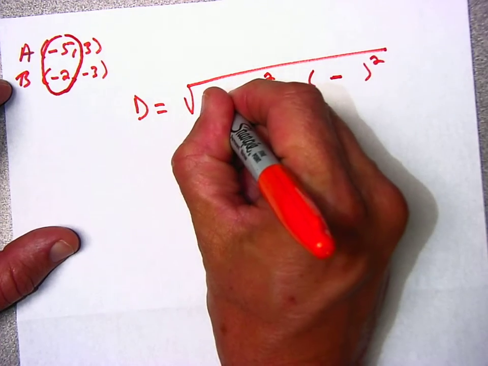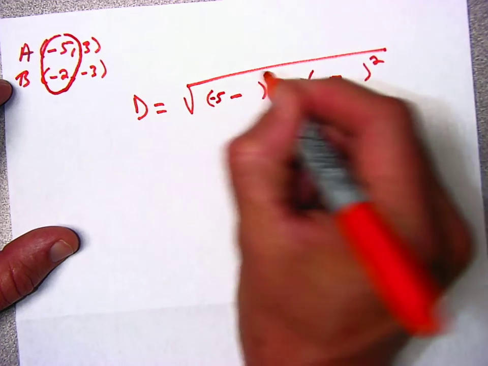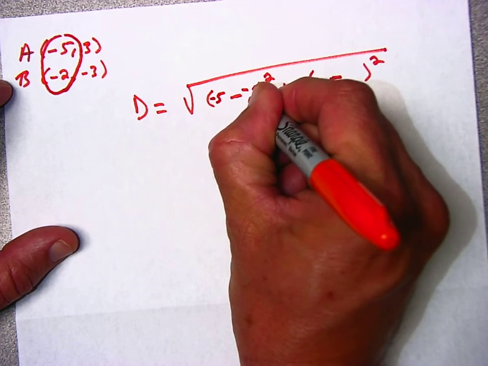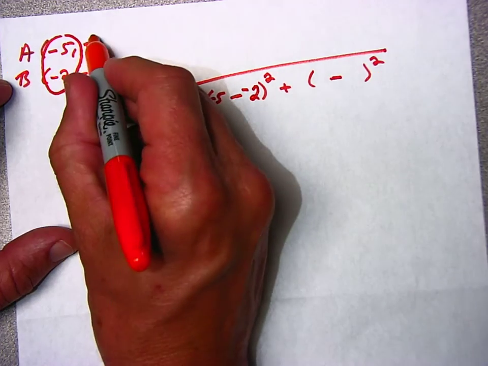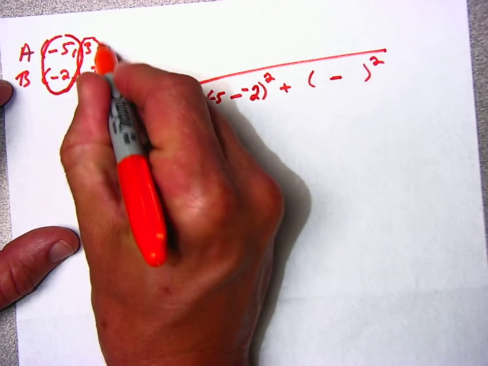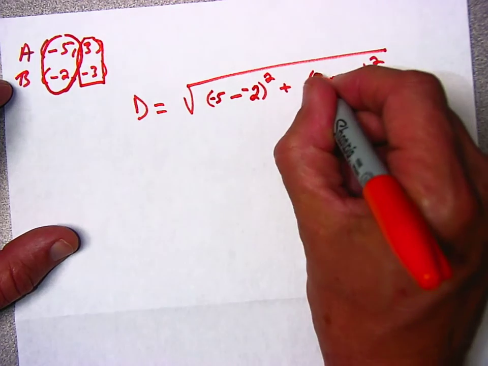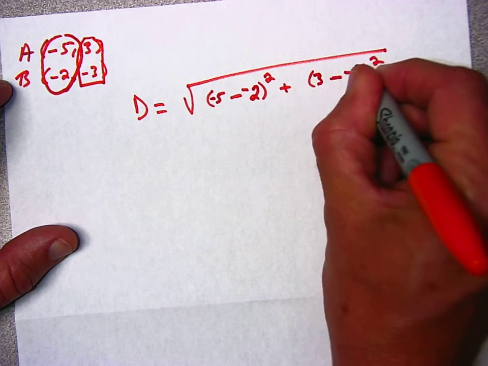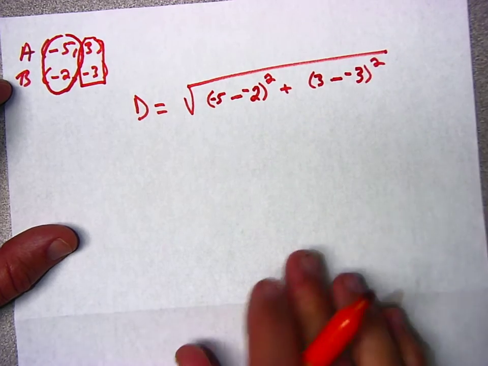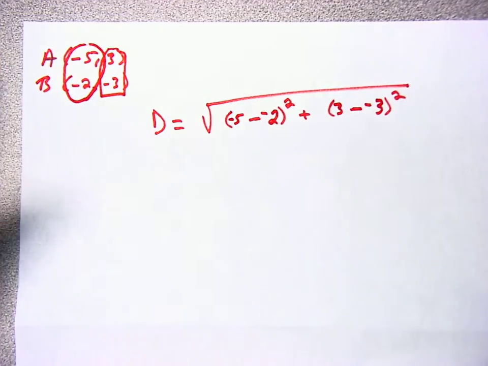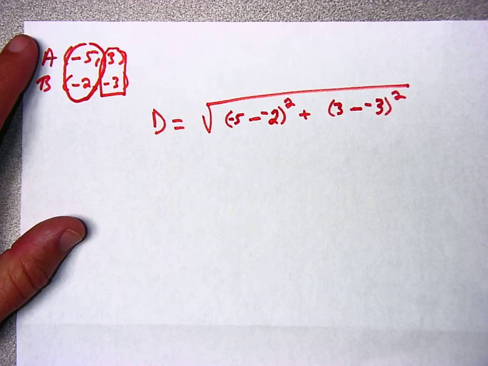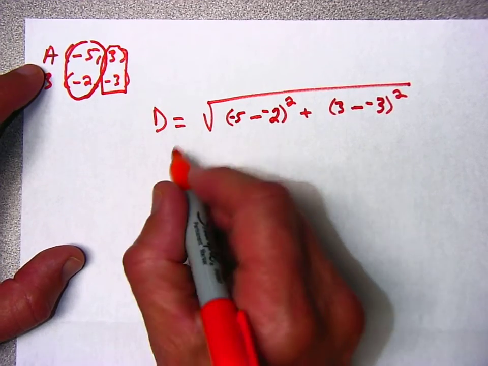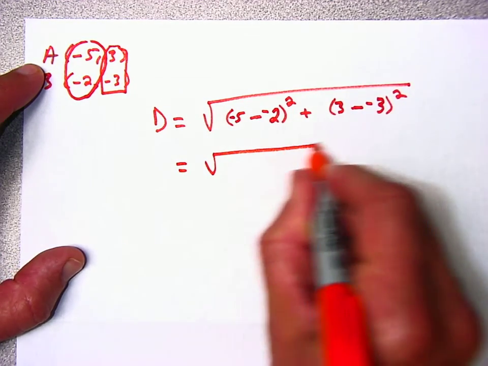So look, -5 minus -2. In the same order, let's do the y's, top to bottom: 3 minus -3. X's go with x's, y's go with y's. We're good. Leave the big old square root alone.